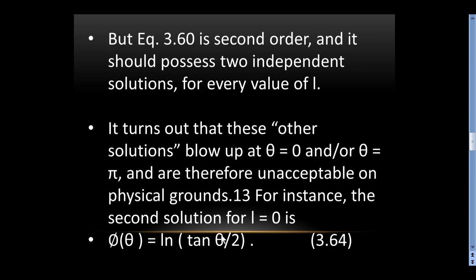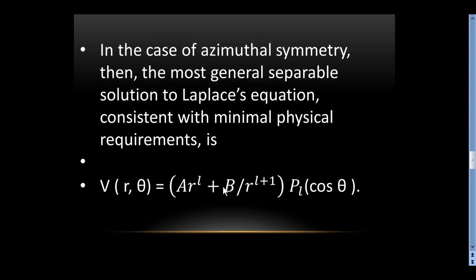Tan 0 or tan pi by 2, you can say, is sine 0 upon cos 0, that is 0 upon 1, and log of 0 is going to be undefined, or it is going to blow up, and that is the reason these solutions cannot be acceptable. So there is another solution, but we are not going to accept it, and only one solution, the Legendre polynomial PL(x), we are going to accept.